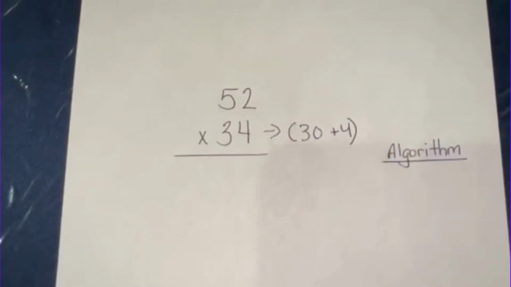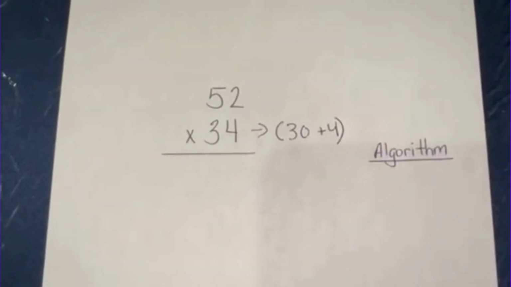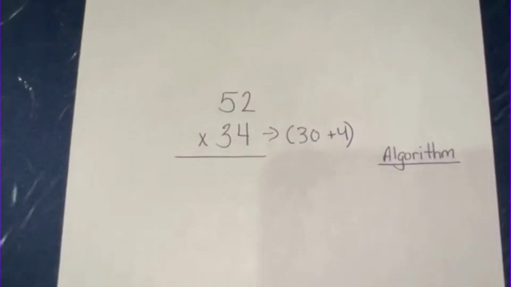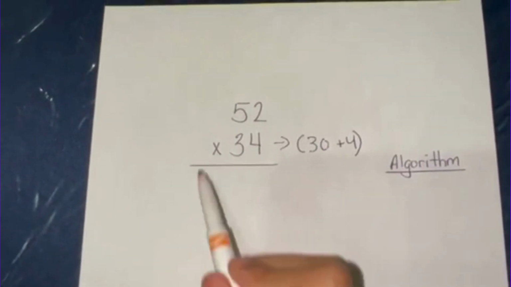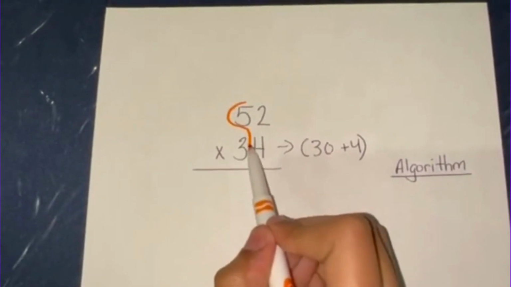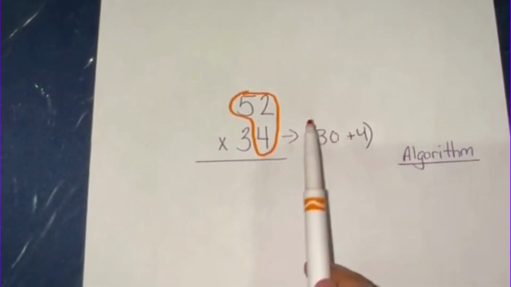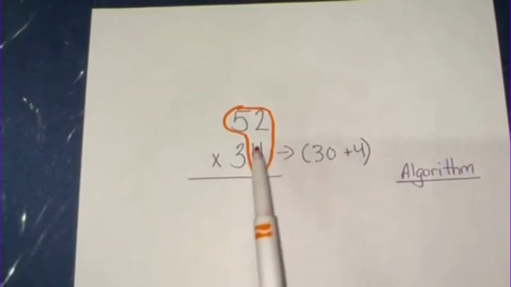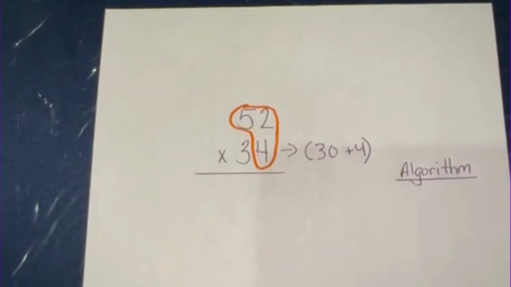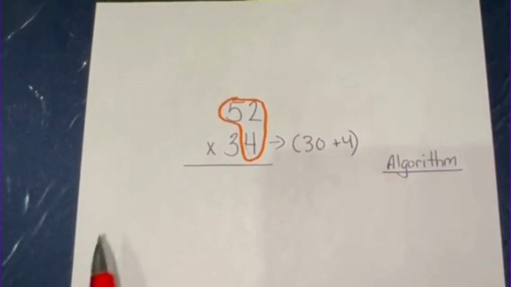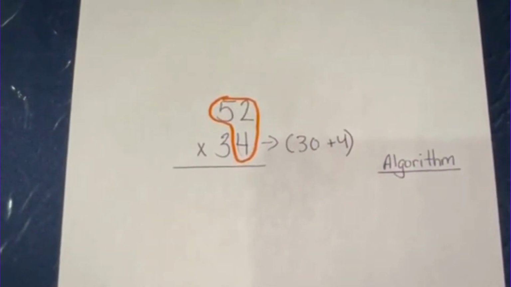Now, I'm going to color code what I'm going to be doing so I don't get confused. With orange, I'm going to circle 52 and 4 so I know that I'm going to start off by multiplying by the ones place, 4 times 52. In fact, I'm actually going to write it on the side here.